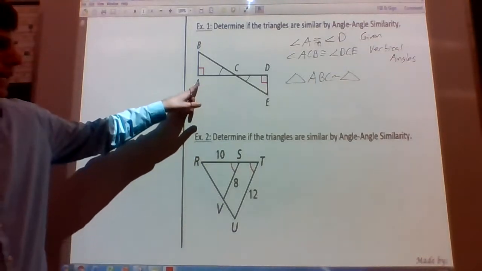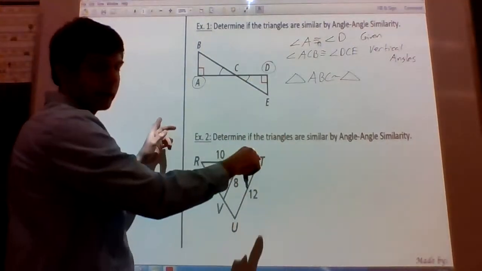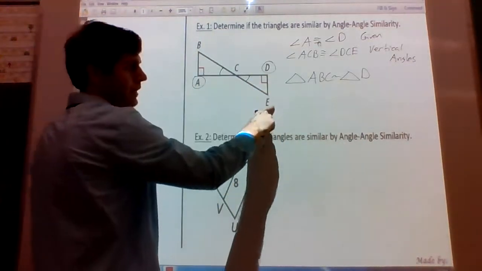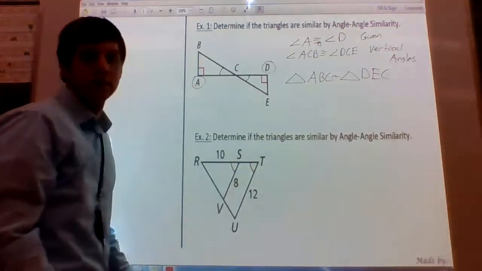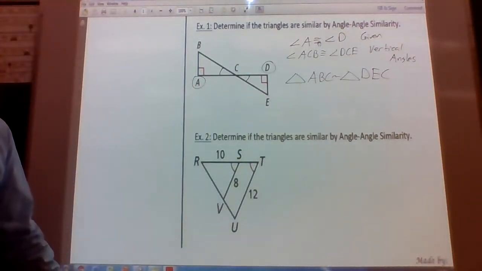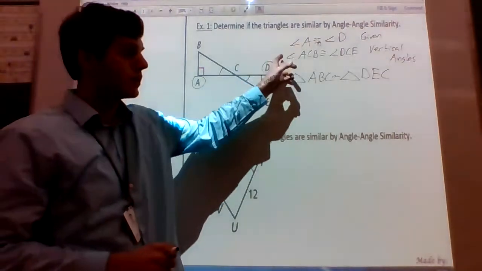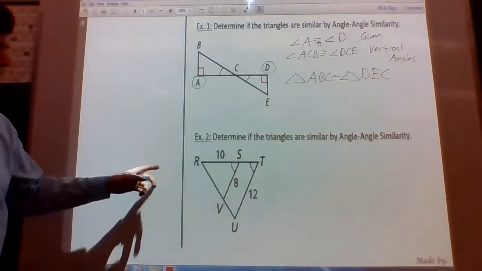What corresponds with A? It's going to be D. They're the right angles. Okay, and then we go up to B, so we're going down to E, and then to the center at C. So triangle ABC is similar to triangle DEC by the angle-angle similarity postulate, which tells us if two pairs of angles are congruent, then the triangles are similar. Okay.